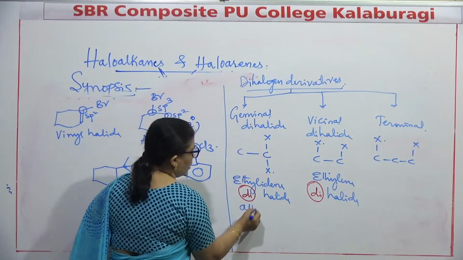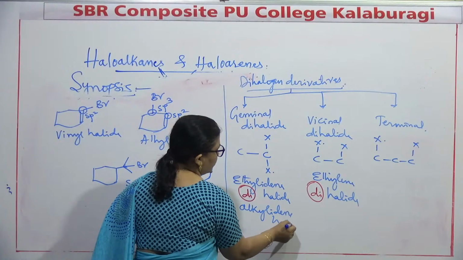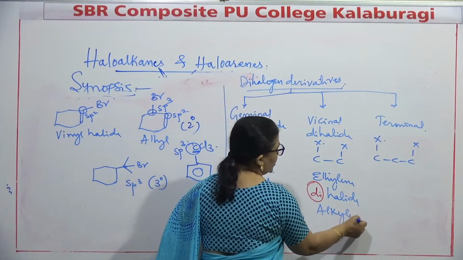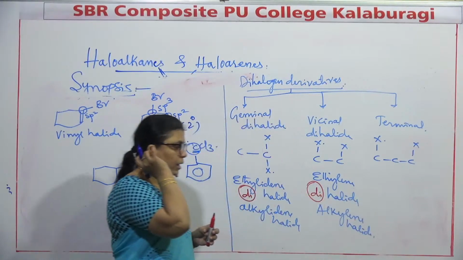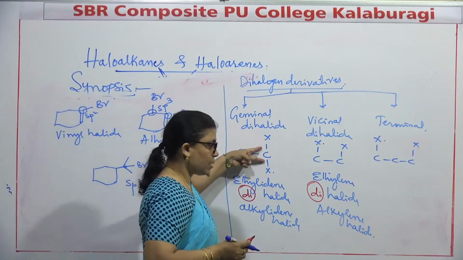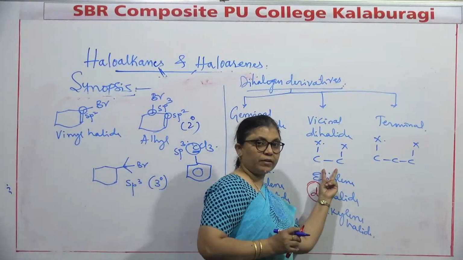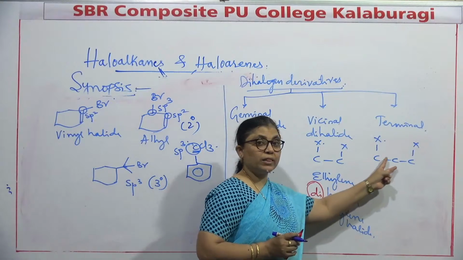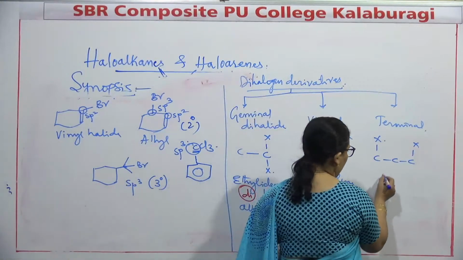Simple way. Alkylidene halide, and this is alkylene halide. So we can say that whenever the two halide group are linked to the same carbon atom, these are alkylidene. They are linked to adjacent carbon atom, those are what? Alkylene. Whereas when they are linked to terminal carbon atom, those are called as terminal dihalide.